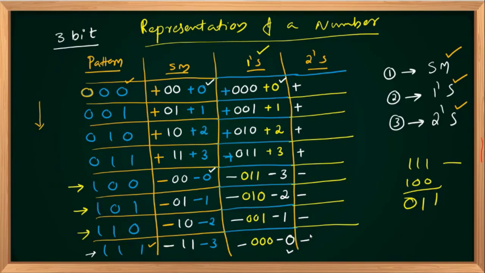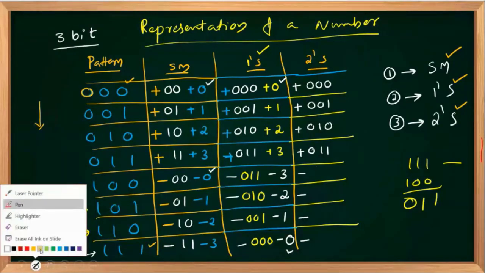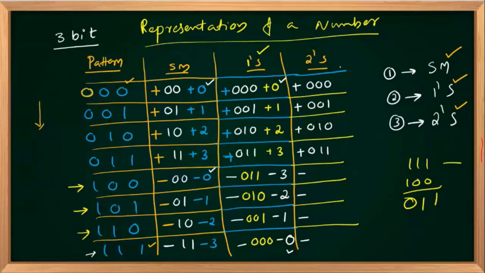Similar to the 1's complement method, I use the entire 3 digits to evaluate the magnitude: 000, 001, 010, 011. All are positive numbers, using the same pattern to identify the magnitude. So positive 0, positive 1, positive 2, positive 3. Done.